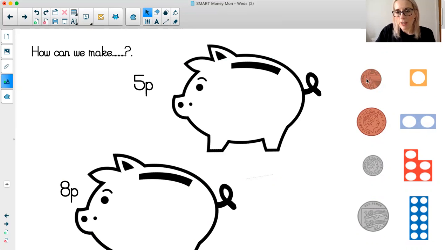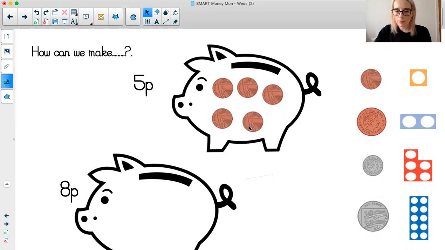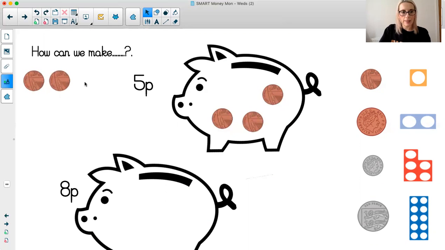One way we could make 5p is to put 5 1 pennies in, like this. Well done, that's 5p. 1, 2, 3, 4, 5. Well done. Right, so we could put that over there, couldn't we? 5 1 pennies is the same as 5p.